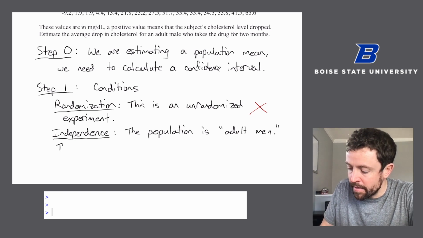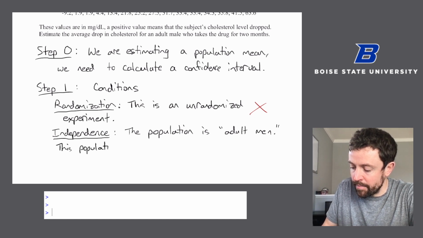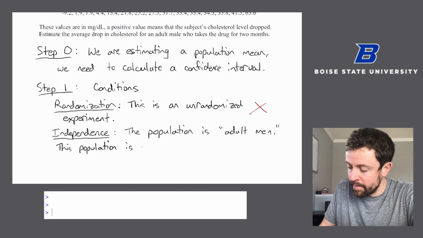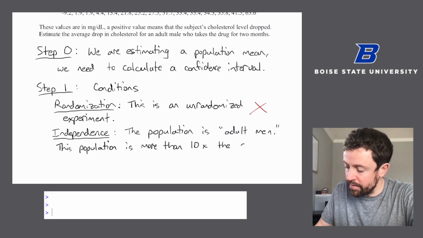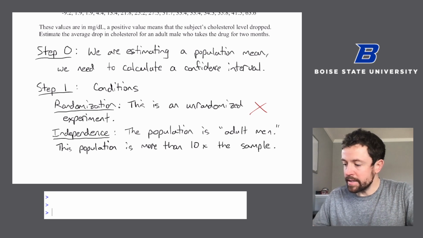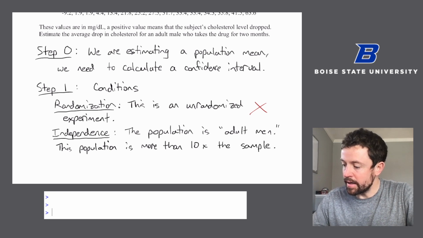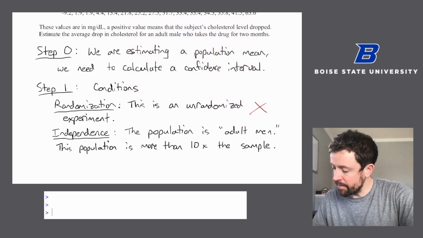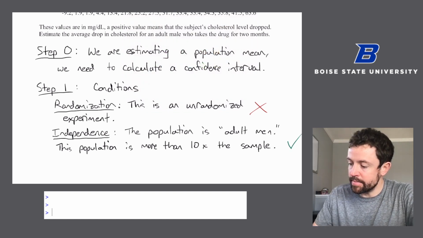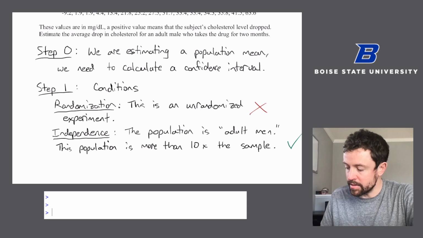So this population is certainly 10 times the sample. That is to say, there are more than 150 adult men. So independence is satisfied. Let me put a green check mark next to this as well. Okay, that one was satisfied.